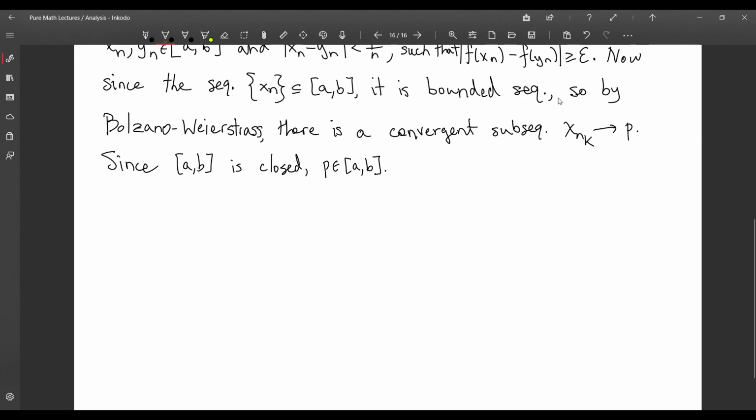If P isn't in this closed interval, then it's in an open set, and therefore you can find some ball of some radius which is not in this set, and then it can't contain any of these x sub n sub k, which is a contradiction.